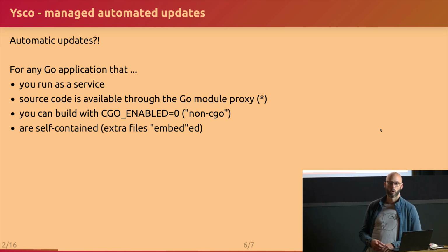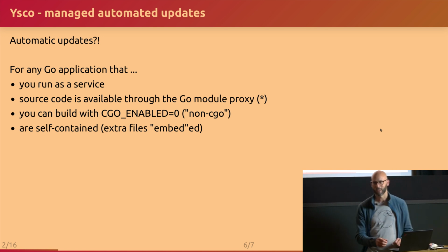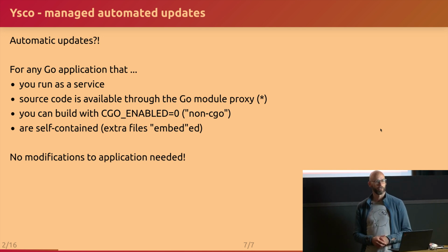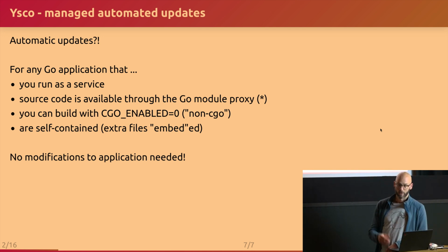I think it's a very common thing nowadays. So hopefully you'll have checkmarked all these things and you think, yes, my application can do this. The good thing is that no modifications are needed to your application. So you can just run ysco with it without any work on your part.